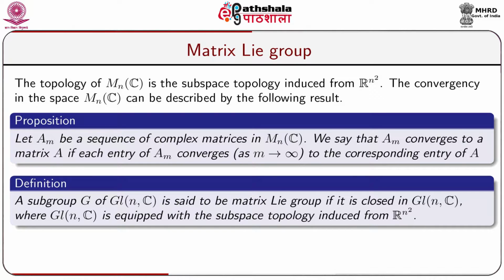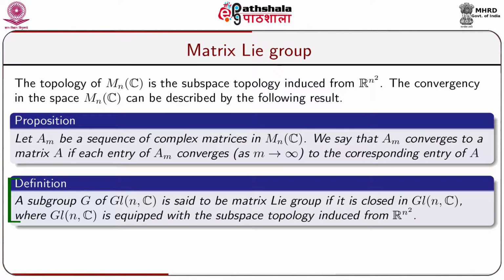That means we can say it in this way: a matrix Lie group is a subgroup G with the following property: if Am is any sequence of matrices in G and Am converges to some matrix A, then either A belongs to G or A is not invertible.